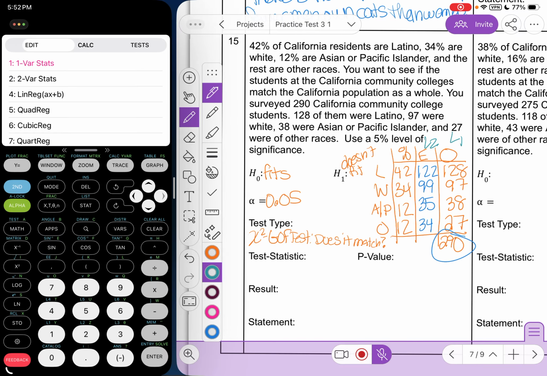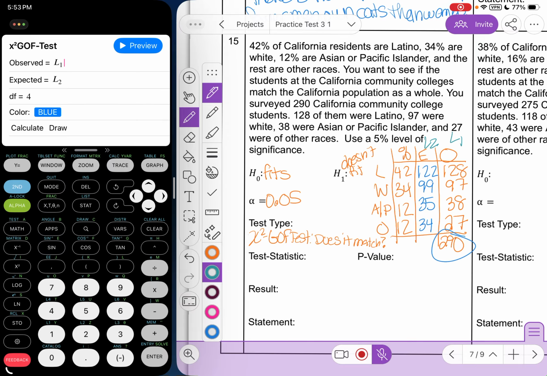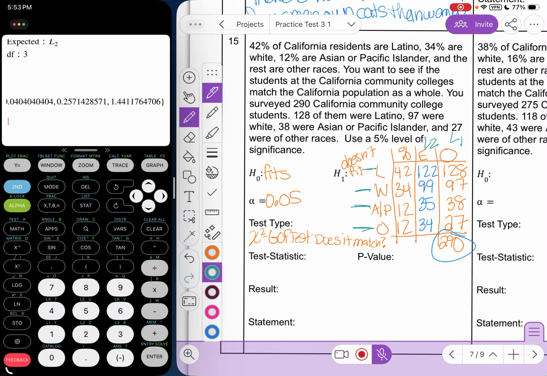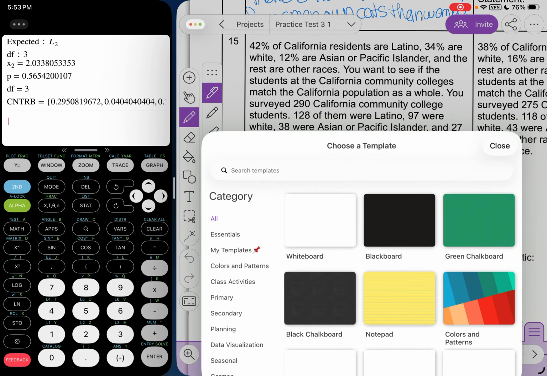And then we do stat, tests, chi-squared GOF test, L1, L2, degrees of freedom. So there's 1, 2, 3, 4 categories. So we need to subtract 1 and put 3. Scroll over. So chi-squared is 2.034 and P is 0.565.